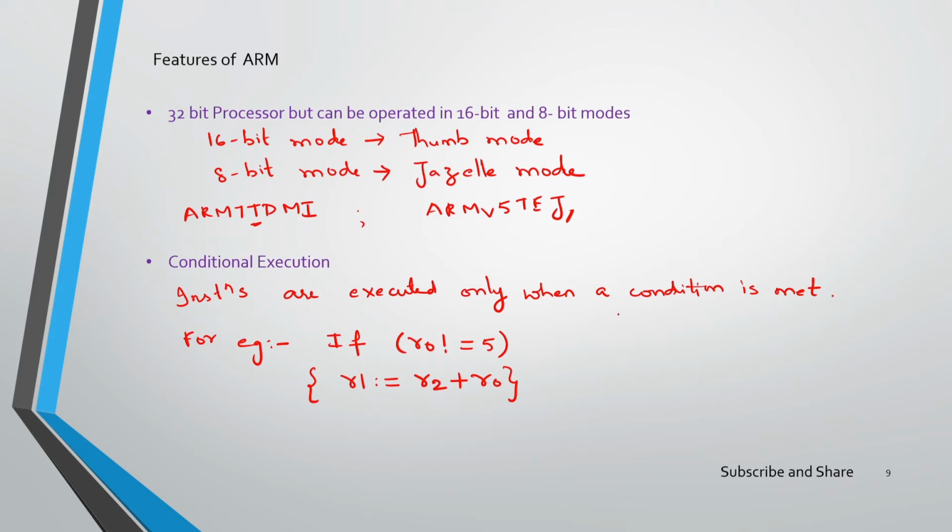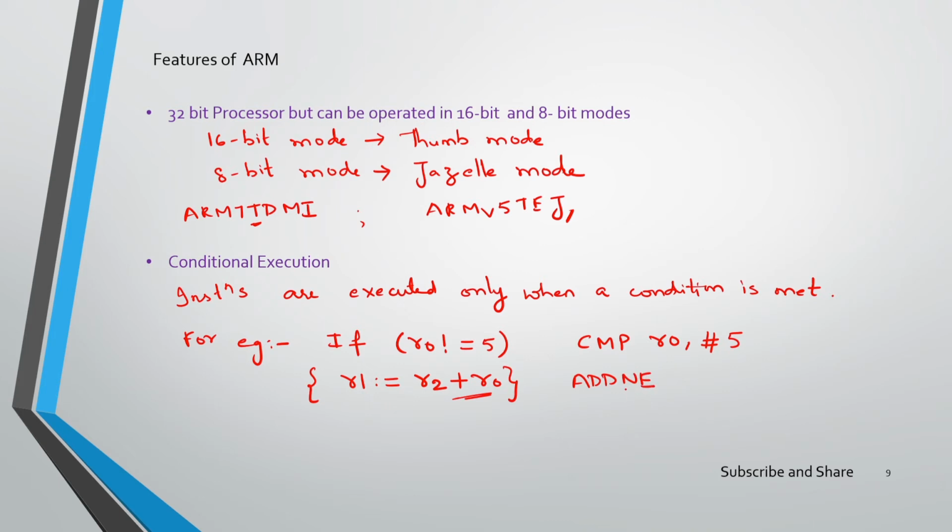How do I write the code for this? Compare R0, #5. What does this instruction do? The contents of the R0 register will be compared with the immediate data available in the instruction, that is, the immediate data 5. And we have to perform the addition operation if it is not equal, so ADD not equal.